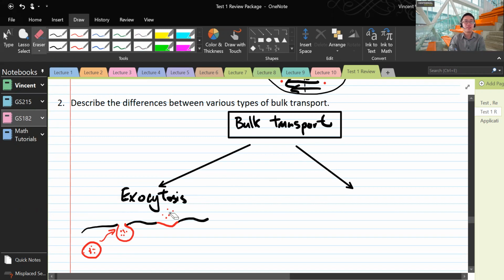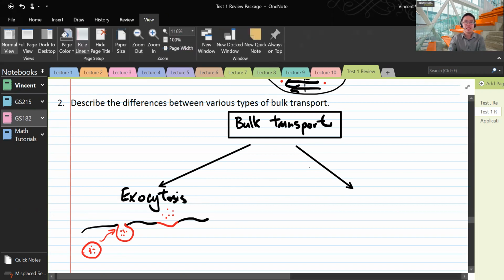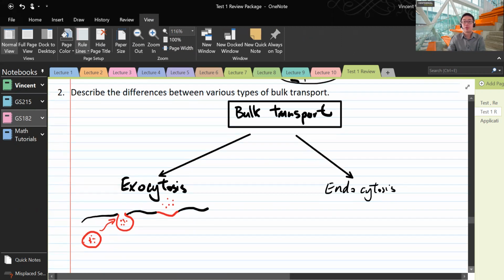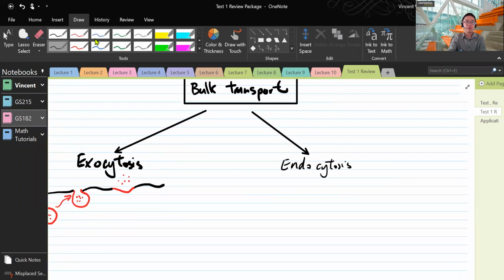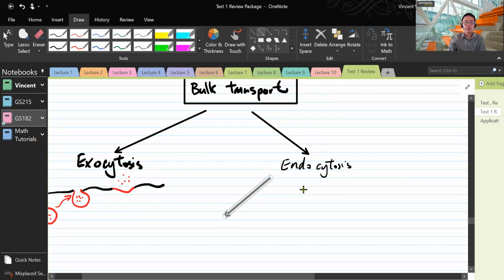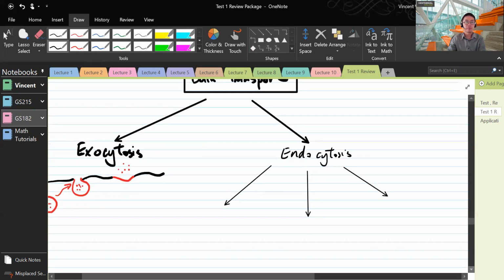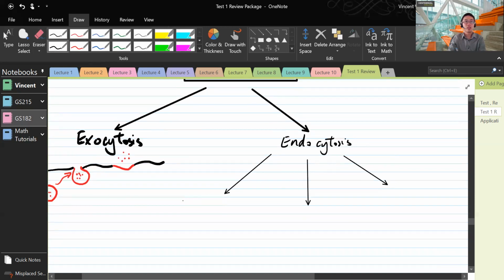So the opposite of exocytosis is endocytosis, right? Endocytosis, bringing things in. There are 3 different types of endocytosis. What are they? Okay, you can be bringing in mostly fluid, so we call that cell drinking, and it is pinocytosis.